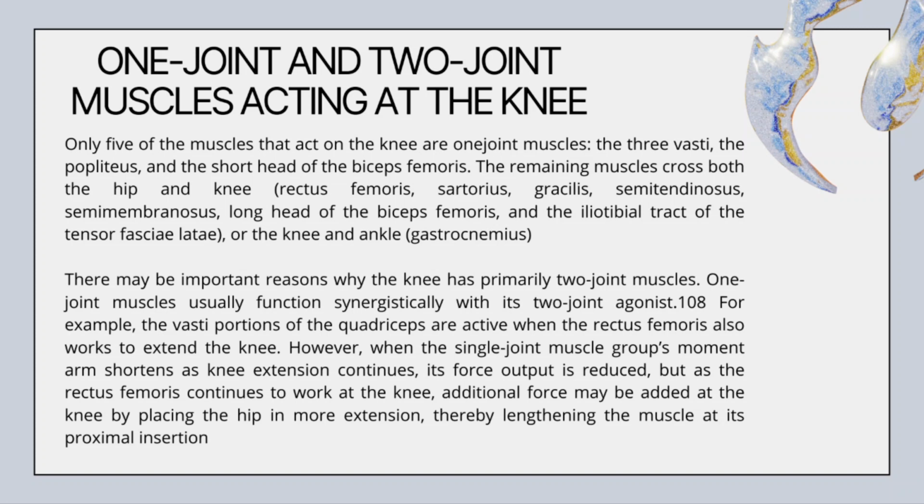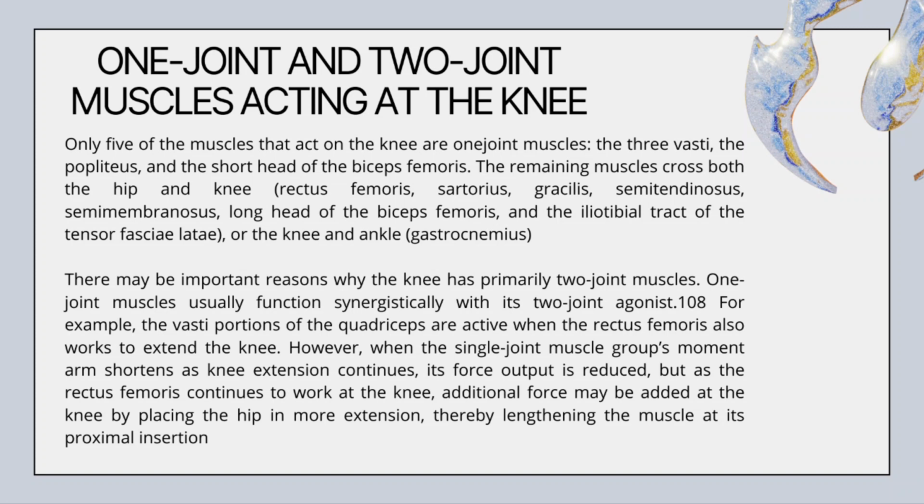There are maybe important reasons why the knee has primarily two joint muscles. One joint muscles usually function synergistically with the two joint muscles. For example, the vasti portions of the quadriceps are active when the rectus femoris also works to extend the knee.